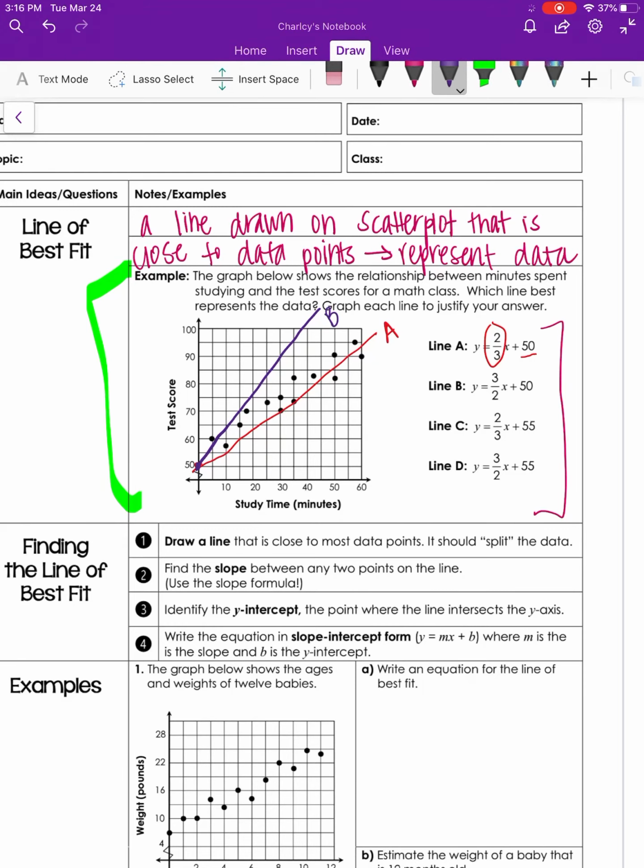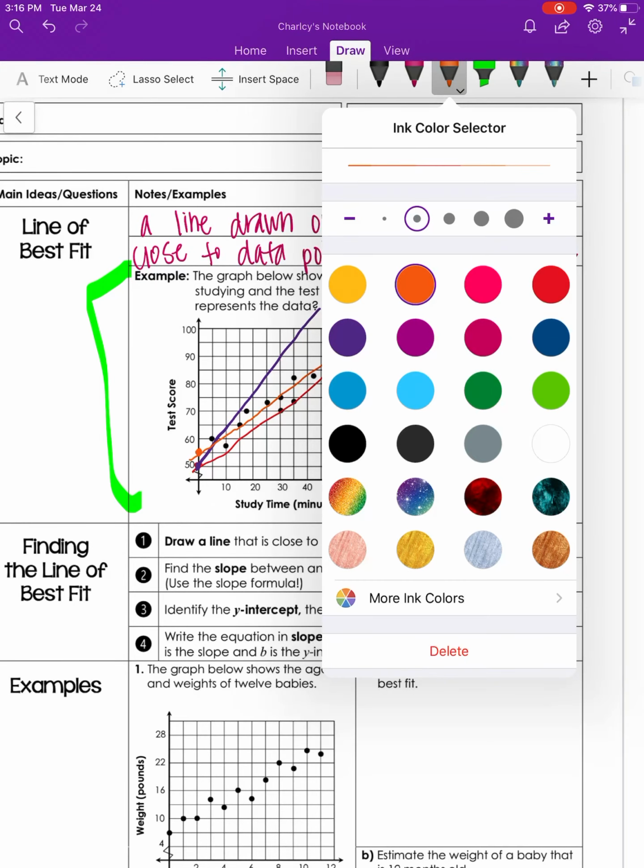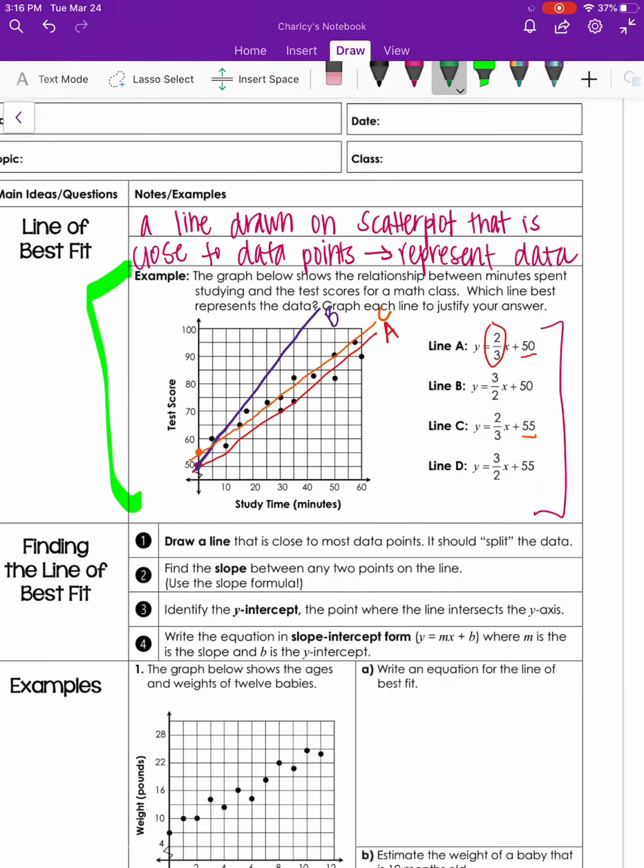Then we've got line C, and its y-intercept is actually at 55, so it's going to be right here, and its slope is also up 2 over 3, so here is that line. That's line C. And then finally, line D starts at 55 as well, but its slope is up 3 over 2, so it's going all the way up here.